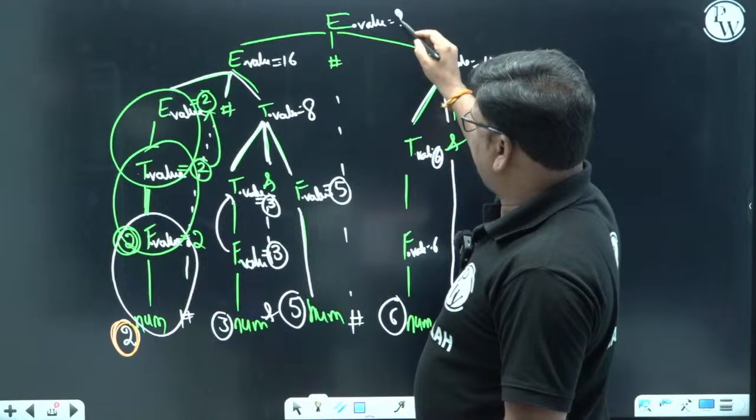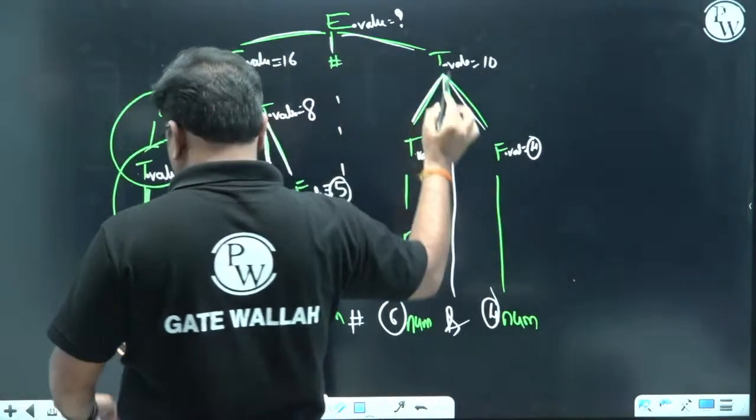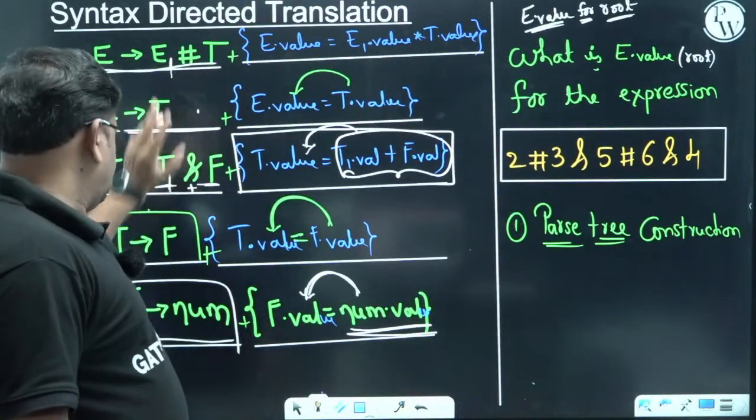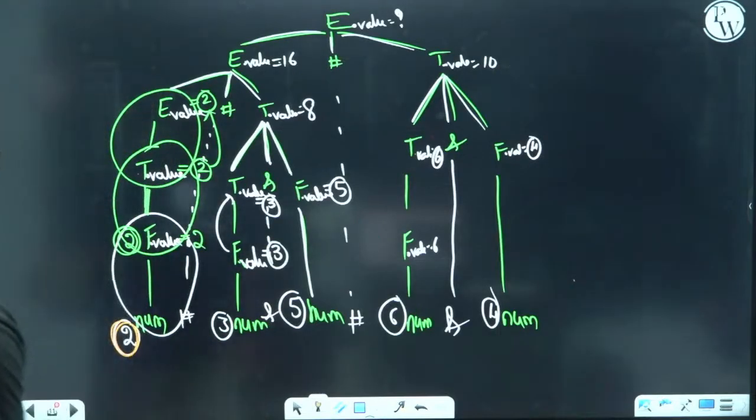Now what is the final e value? Compute. Whenever we are using this production, e to e hash t, what is the rule saying? E1 value multiplied with t value assigned to this. So what is our final e dot value? What will be the answer here?